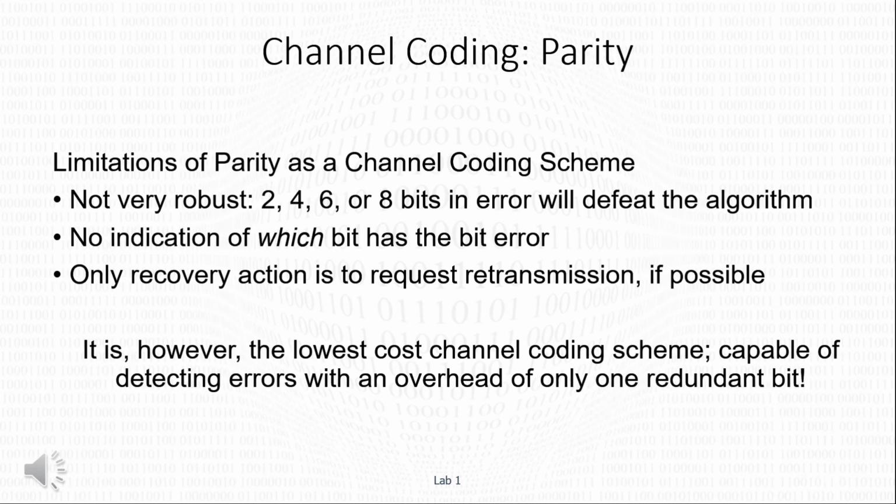It also doesn't have the ability to indicate which bits may be in error because it can't correct for those errors. The only recovery action in any error is to request a retransmission from the source. Parity, however, is the lowest cost channel coding scheme because it's capable of detecting errors with an overhead of only 1 redundant bit.